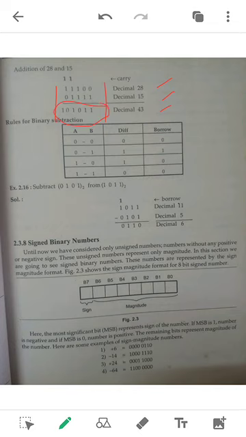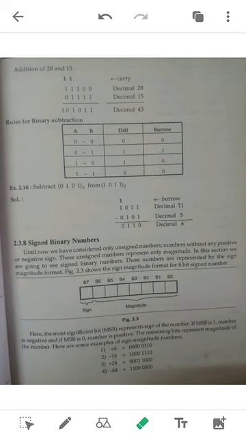This is the equivalent binary result for the addition of 28 and 15. For this addition between binary numbers, you have to refer to the addition table. We convert the decimal numbers 28 and 15 into binary form by repeated division by 2, and then add the binary numbers by referring to the table.